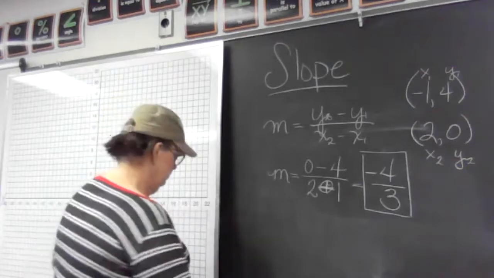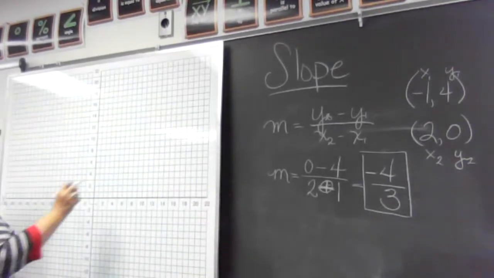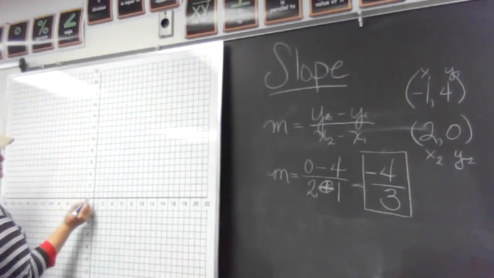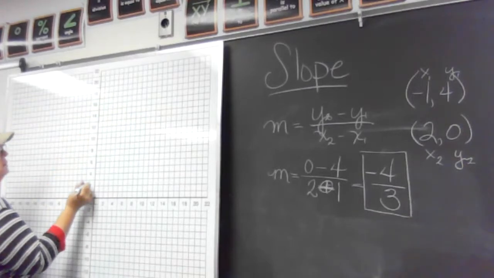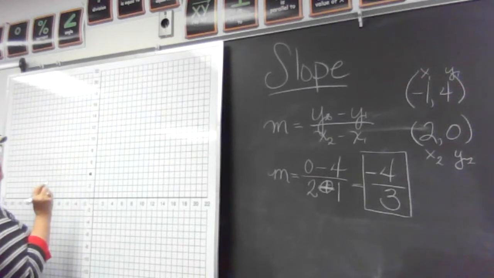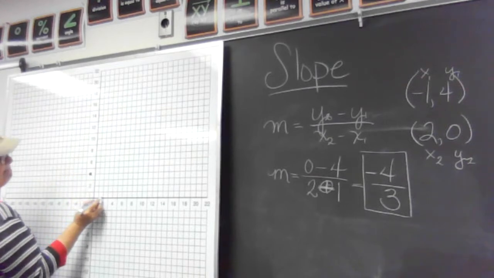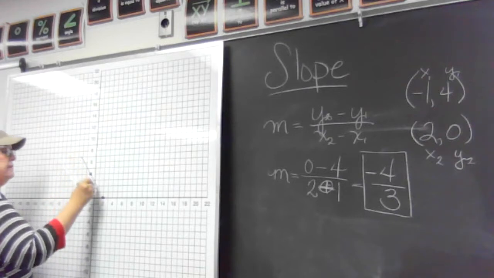Let's test it. Let's go to -1, 4. That first one, -1, 4, 1, 2, 3, 4, and 2, 0. And there's a line going through this.